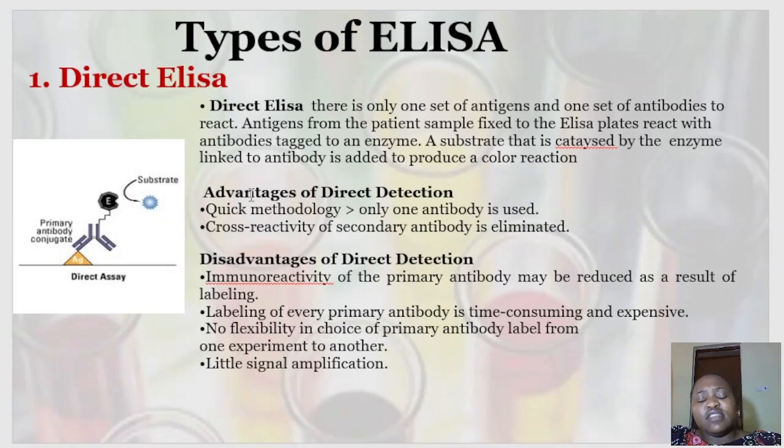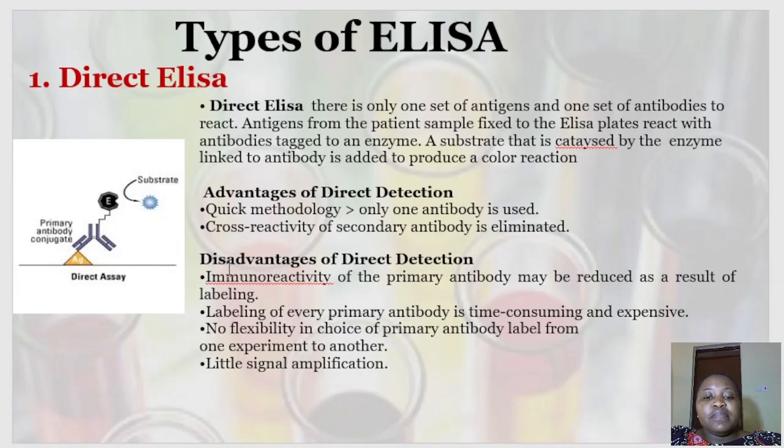So this step directly is very quick, and also avoids what we call cross reactivity, because we have other types of ELISA that utilize another secondary antibody in addition to this primary antibody. So in this step, because it's direct, with only one antibody, you prevent any cross reactivity that may happen with other steps.